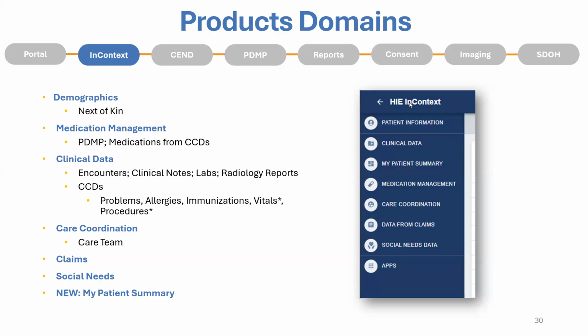So we provide them with some data quality insights, and we try to have conversations with those hospitals to work on those things. And then some of it also depends on the EHR that they're using. But it is a great point and something that we do work with our hospitals to ensure data quality.